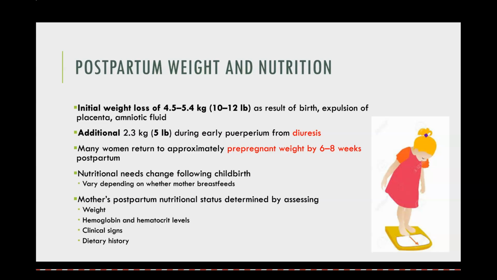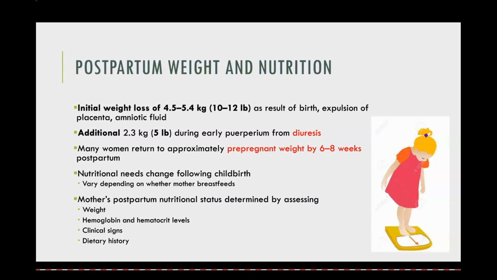And then additionally, from actually diuresing, your mom is going to lose probably about an additional 5 pounds. So we're talking about anywhere from 15 to 17 pounds that your mom is going to lose in just the first few days postpartum. And many women are going to return back to their normal pre-pregnant weight by about 6 to 8 weeks postpartum.